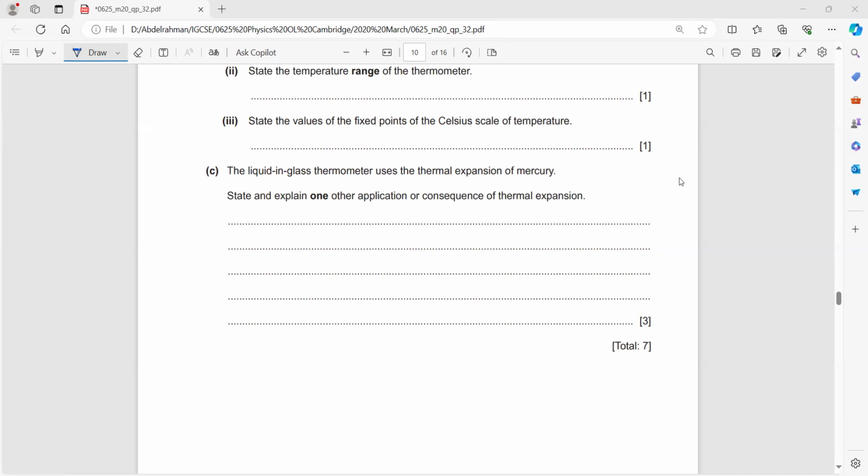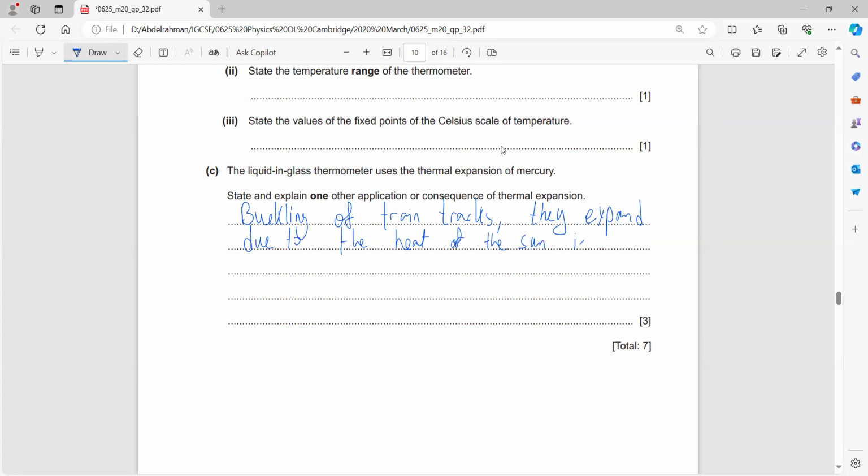Buckling of the train tracks. How do we avoid it? Buckling of train tracks happens because they expand due to the heat of the sun, for example in the summer, whatever, it doesn't matter. How do we avoid the buckling?